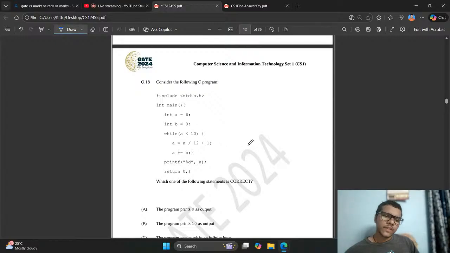I guess we did this one already. A is less than 10. A is equal to 6 by 12. That is 0 plus 1. That gives 0. Right. A is equal to again 1.